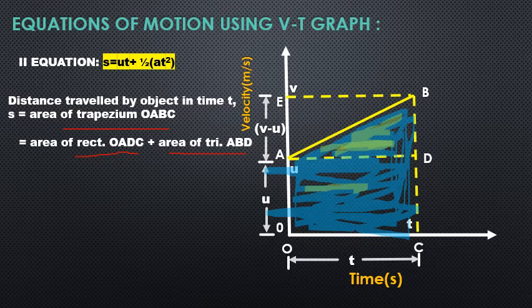On proceeding further, we write the formula for area of rectangle and area of triangle. Area of rectangle is given by L into B. Here the L and B are OC and OA respectively. So we have multiplied OC into OA, and the area of right triangle ABD is half base into height, where base is AD and height is BD.